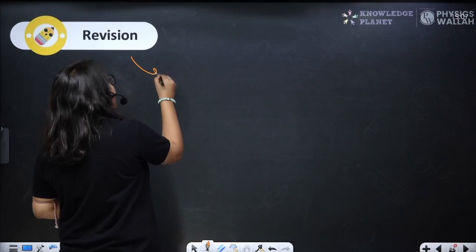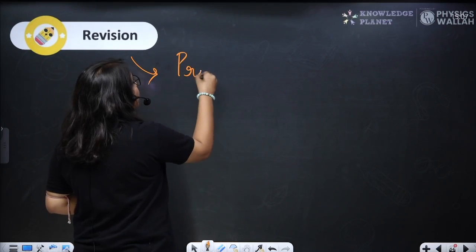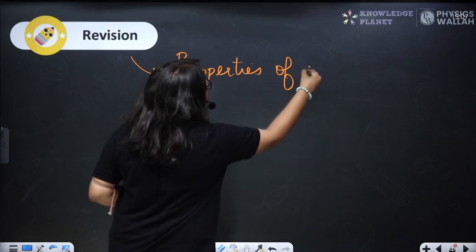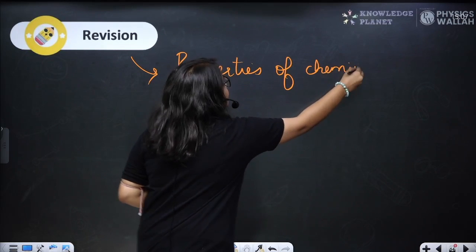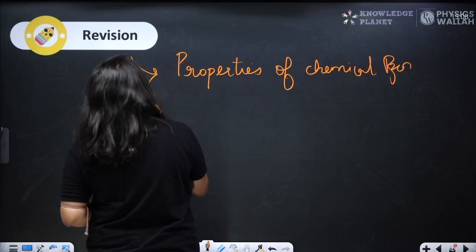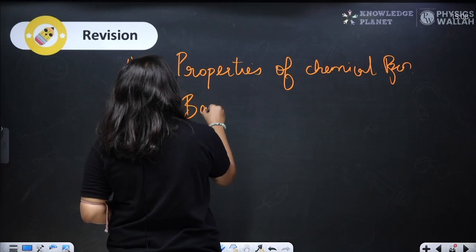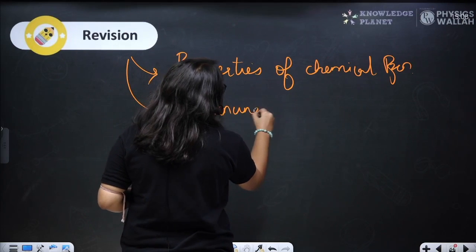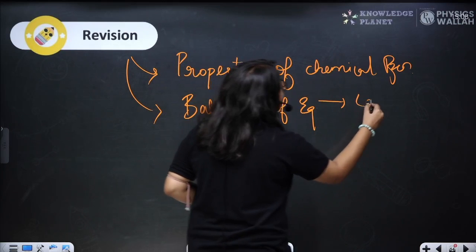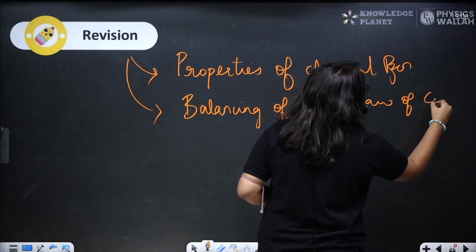We have learnt about the various properties of a chemical reaction. Apart from this, we learnt about balancing of equations, and this balancing of equations is done because we follow the law of conservation of mass.